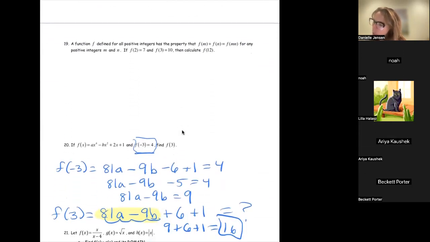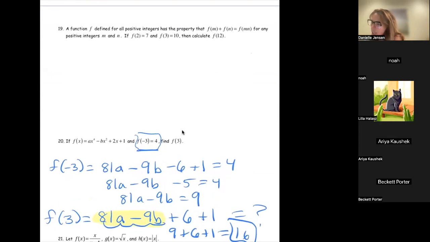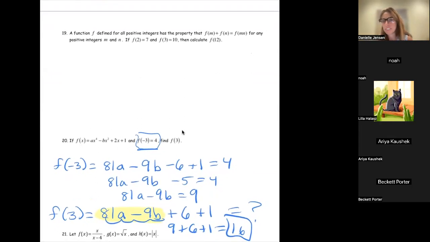Oh yeah, this is kind of a weird one. I'm defining this new function so that if two numbers are multiplied together, f of the product is equal to f of one of the numbers plus f of the other number.